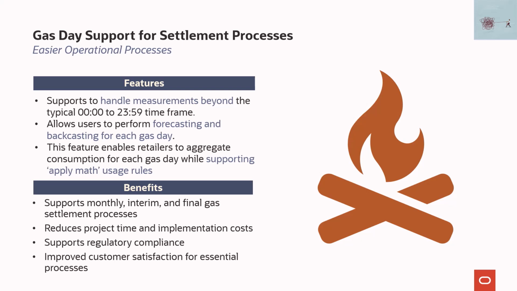This feature enables retailers to efficiently aggregate consumption for each gas day while also supporting apply math usage rules. This will support suppliers, retailers, or distributors in facilitating monthly, interim, and final gas settlement processes. This will also reduce project timeline and implementation costs, and support regulatory compliance.